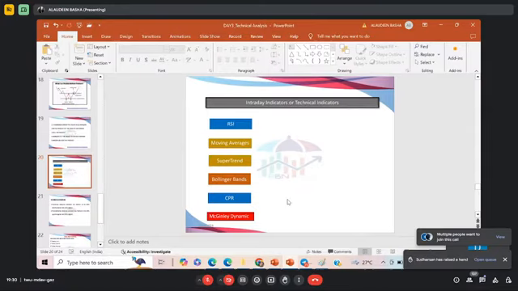First one is RSI. Second one is moving average. We have two types of moving average: simple moving average, SMA, and exponential moving average, EMA. Compared with SMA, you go for EMA; we'll explain later. Third one is Supertrend. 90% of traders trade by simply believing the Supertrend indicator. Please don't do that.